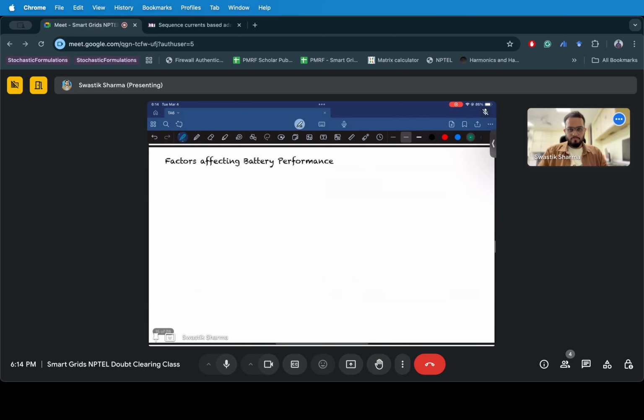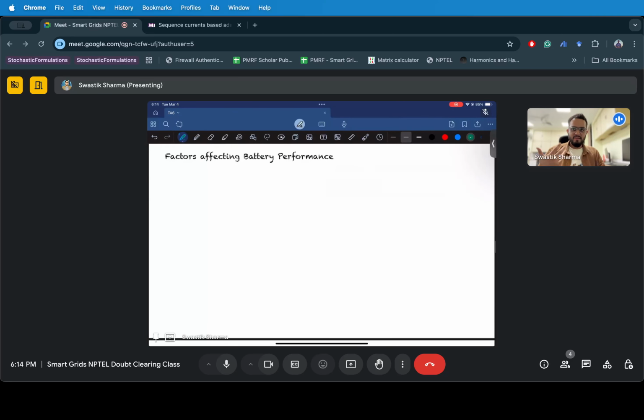Now, a battery has several things that affect its performance. One is temperature. At higher temperature, the formation of cracks is more. So the battery internally forms cracks, and when it forms cracks, the ability to store energy decreases over the time period, right?